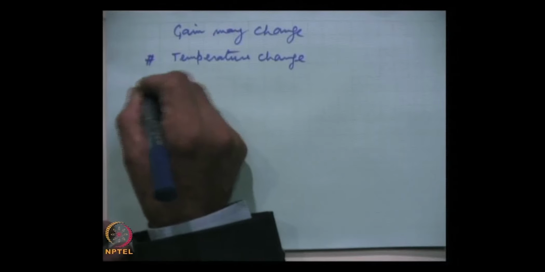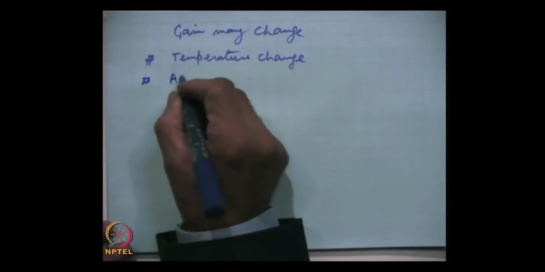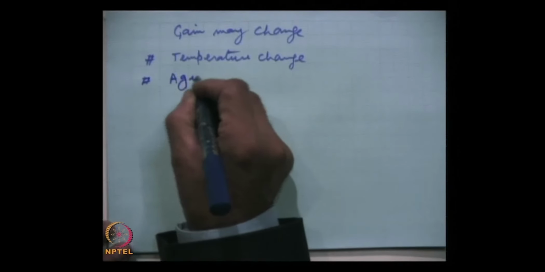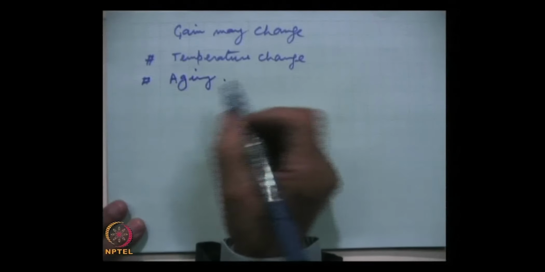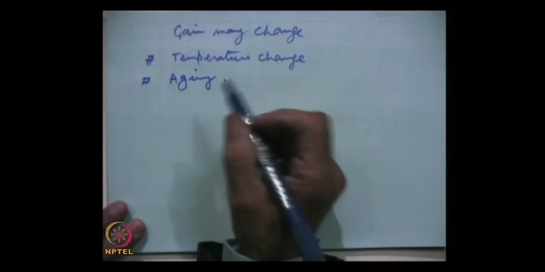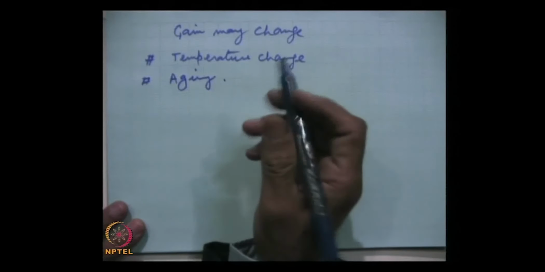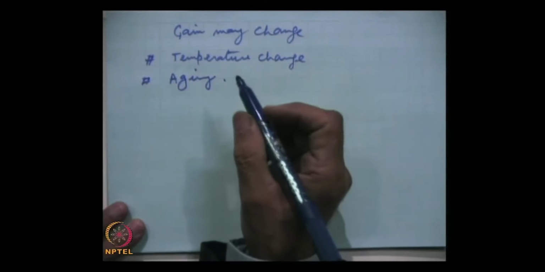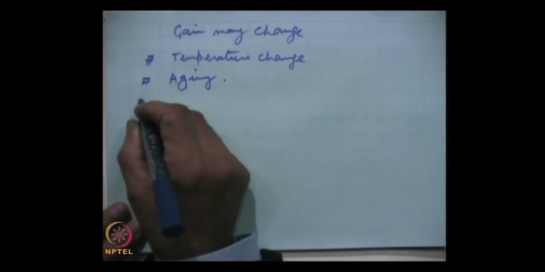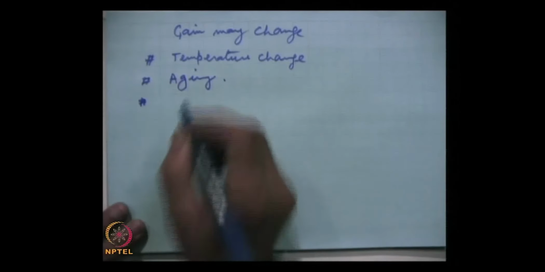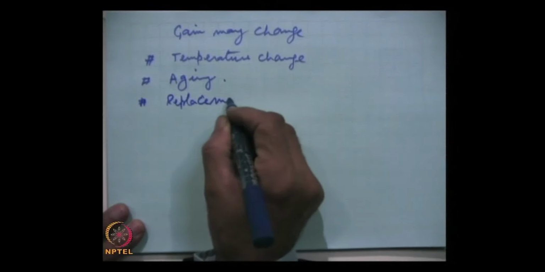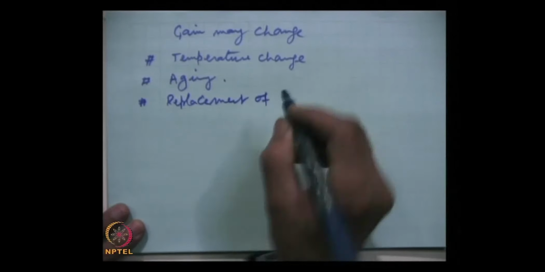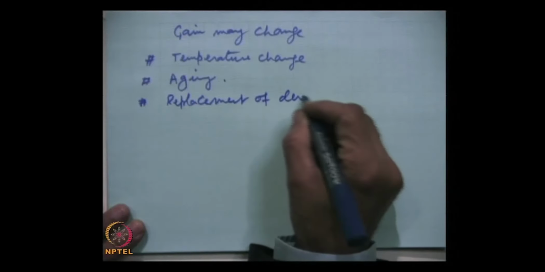The other is aging. Aging means that use of a circuit for several months and years may change its performance, and then replacement of devices.